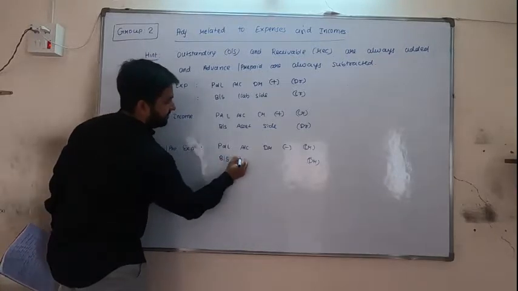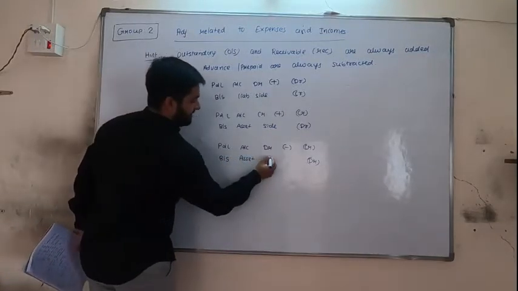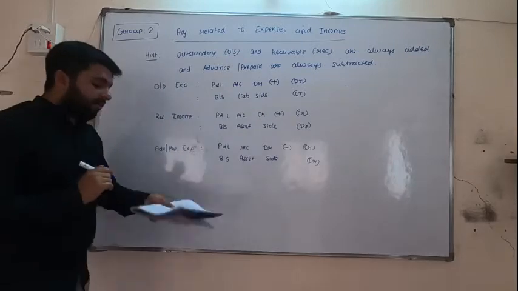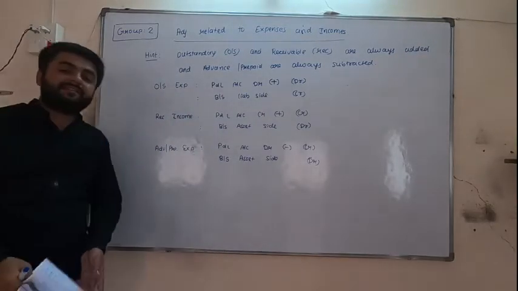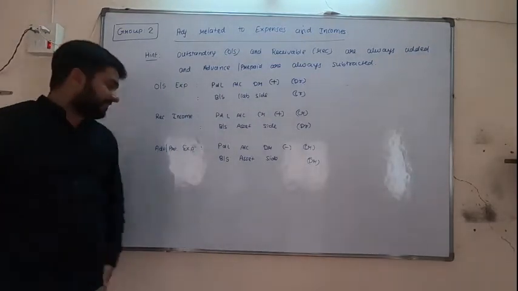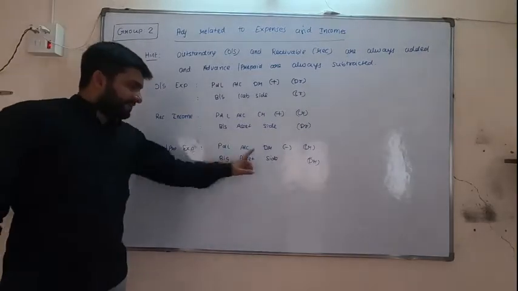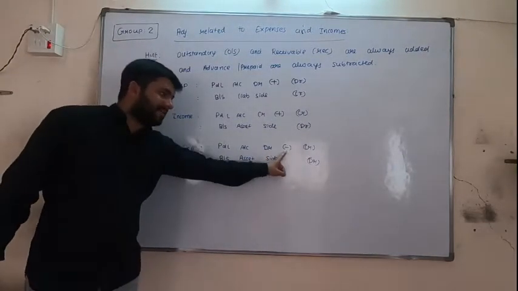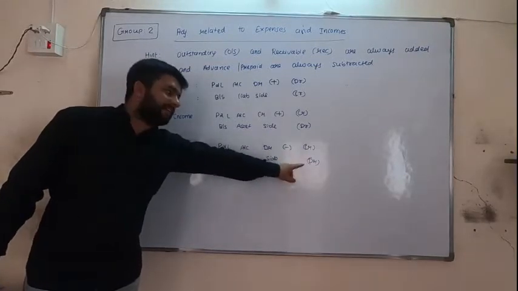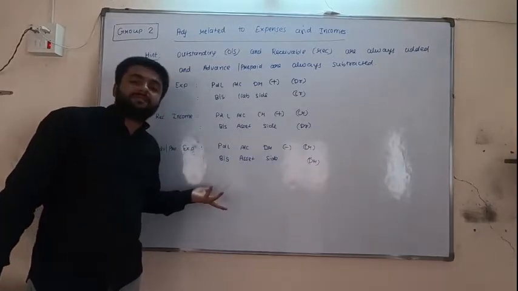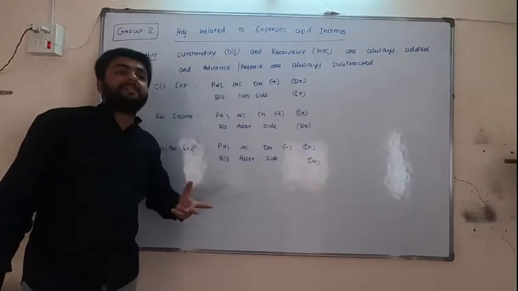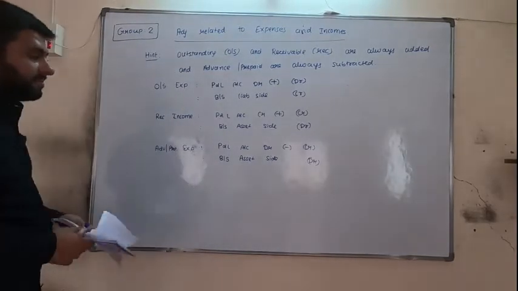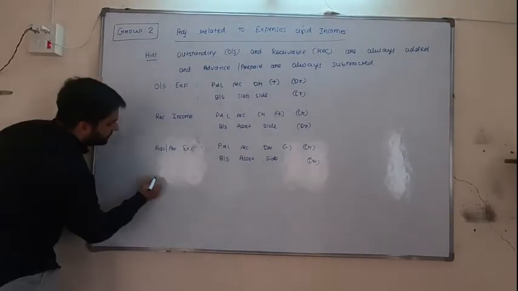So the next effect, balance sheet, asset side. See friends, only simple logic is required, otherwise this is nothing. Expense is on the debit side, as it is advance or prepaid, so minus. So debit side minus means credit. If it is credit, the other is debit. Debit means asset. These are very simple things if you consider. Okay, otherwise nothing can happen.